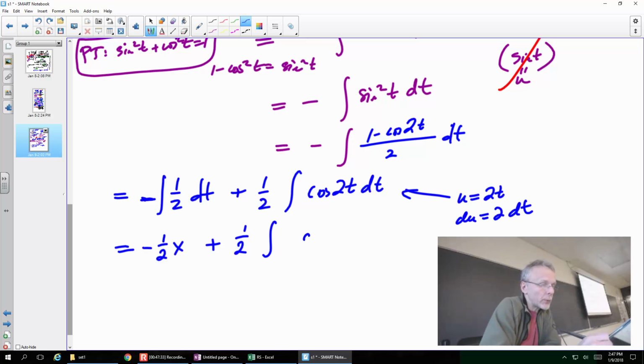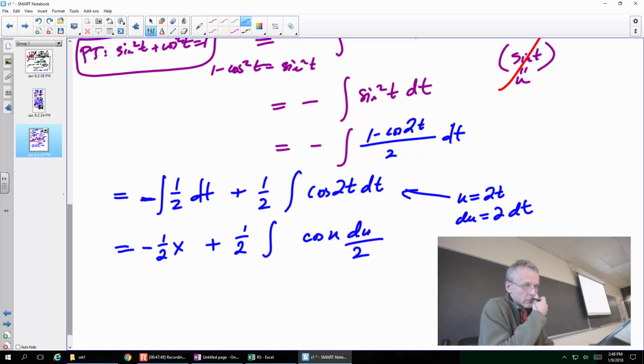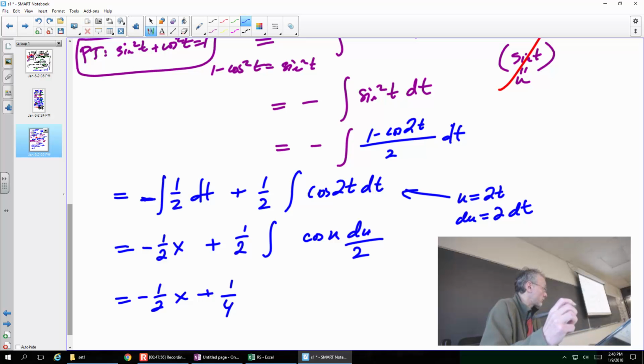So then the substitution will be simply cosine u du, and there is a 1/2 somewhere, right? Yeah, over 2. Okay? So integrating cosine, the integral of cosine is what?